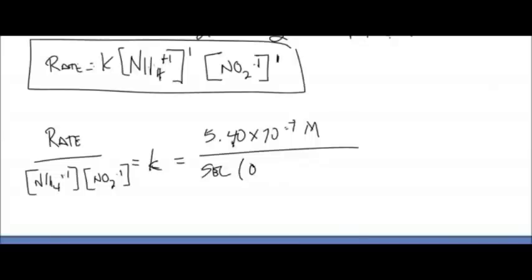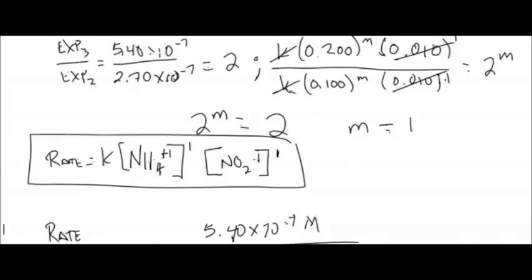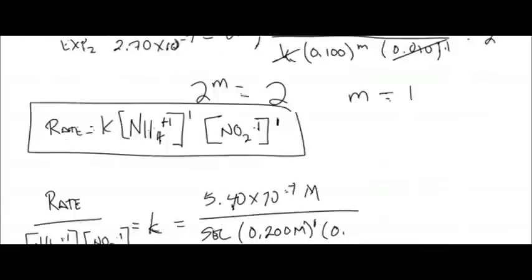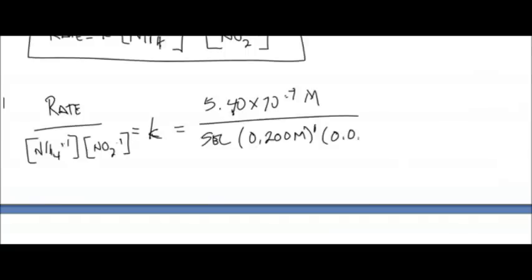So 0.2, and again, molarity to the first power, and the nitrite is 0.01, molarity to the first power, and that equals 2.7 times 10 to the negative 4.